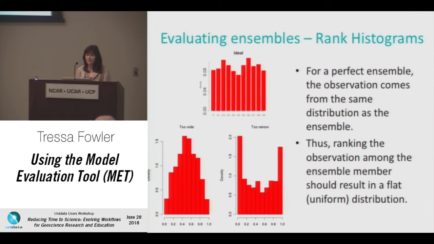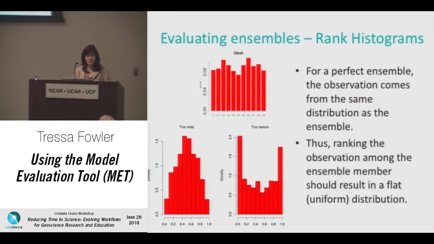And so you will see a little bit of variation here. What we generally see with ensembles, at least the ones that we evaluate, is that they are under-dispersive, and so what you get is this U-shape where your observation falls outside of the range of your ensemble more often than you would like it to.